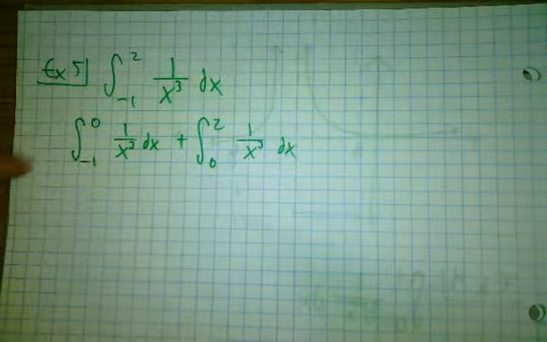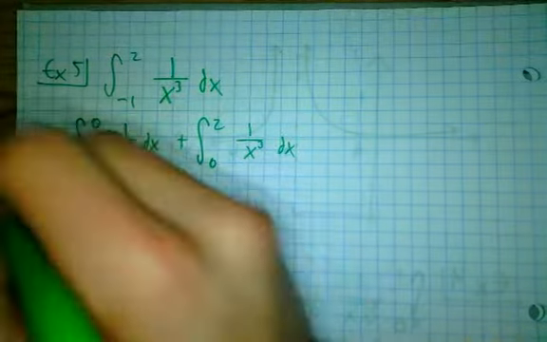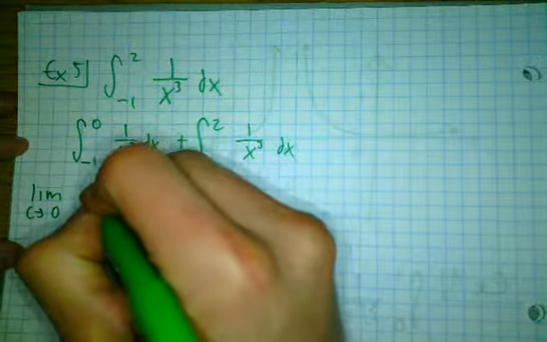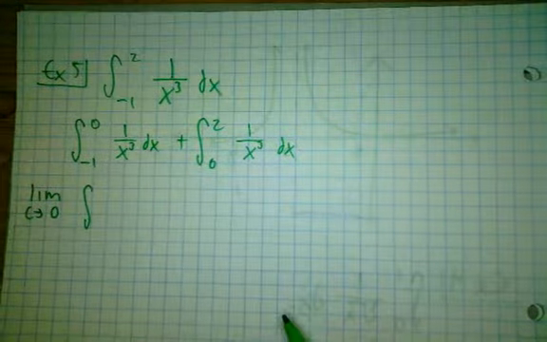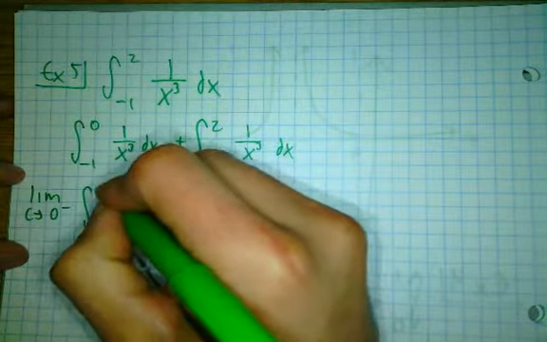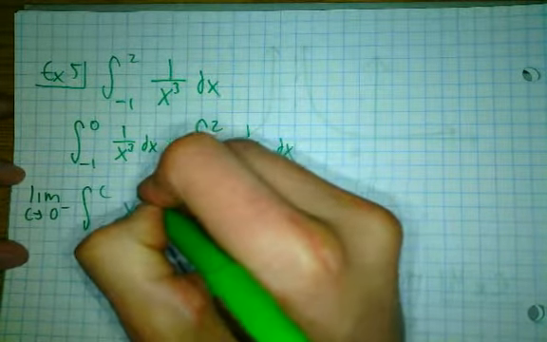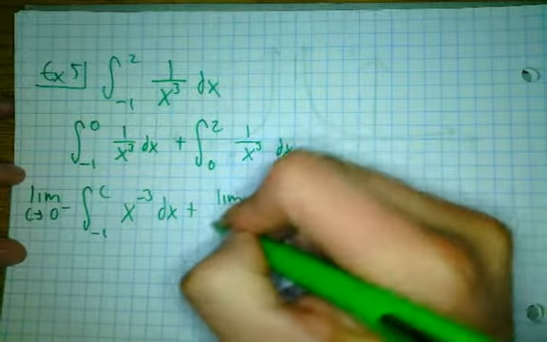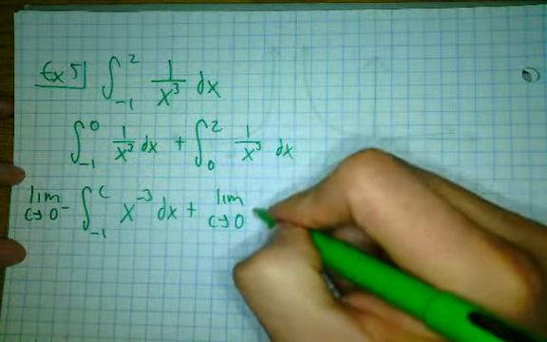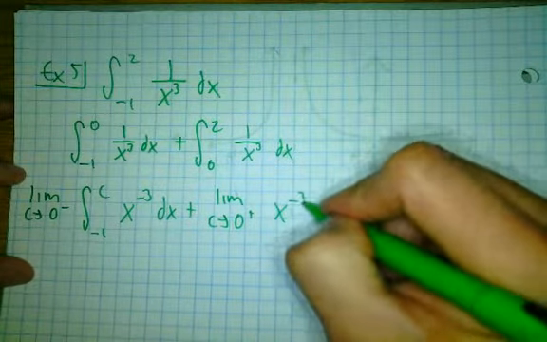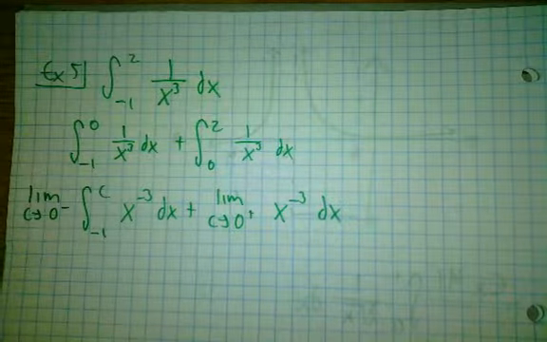So in other words, I need to replace 0 with C. I'm going to say the limit as C approaches 0 from the left of the integral from negative 1 to C of x to the negative 3rd dx, plus the limit as C approaches 0 from the right of the integral from C to 2 of x to the negative 3rd dx.